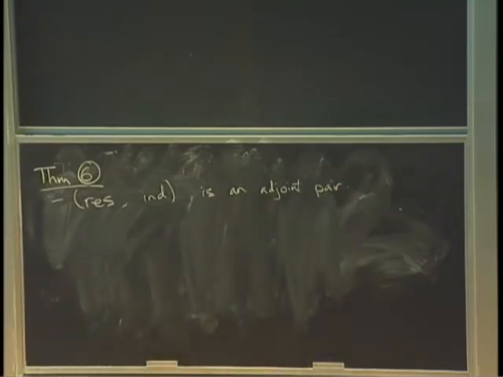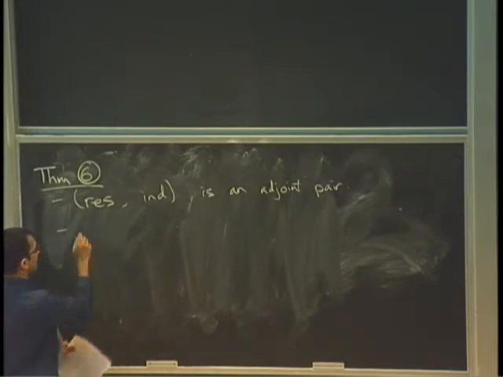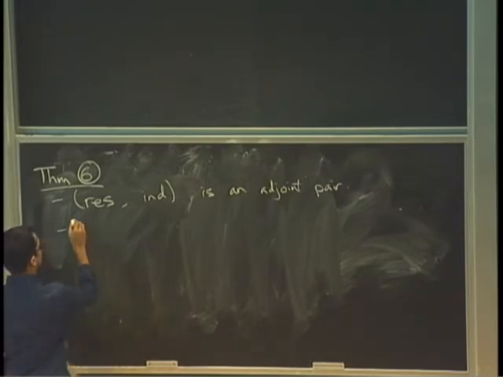This part is basically obvious. This is just unwinding some basic facts about sheaf functors. The next part is really not obvious.